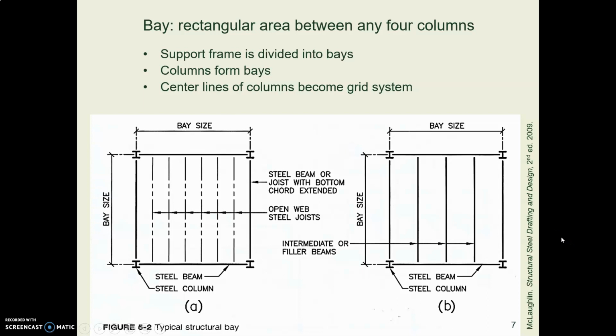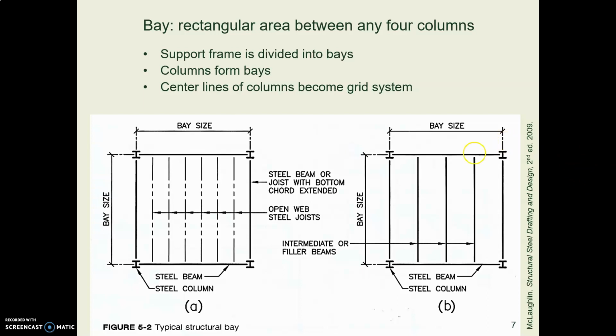Now, we try to keep our spaces in our structural steel framework real regular, so we divide them into what are called bays, and the bays have columns at their corners. This relates to the grids that you already know about. A commercial building, and especially a high-rise commercial building, has just thousands and thousands of pieces of steel.